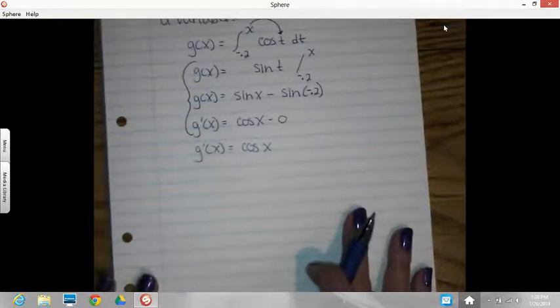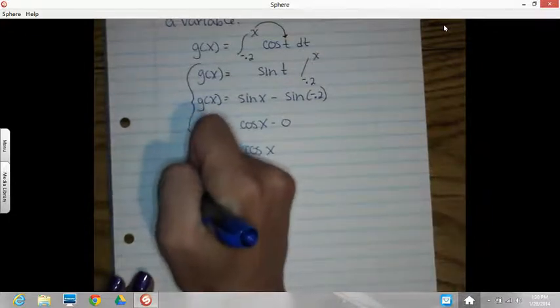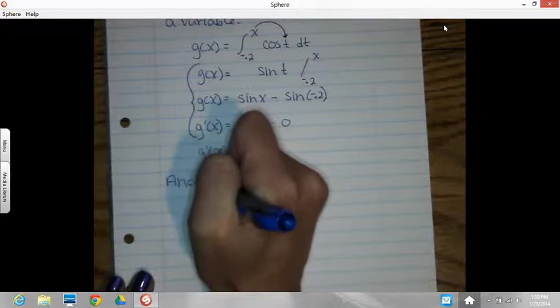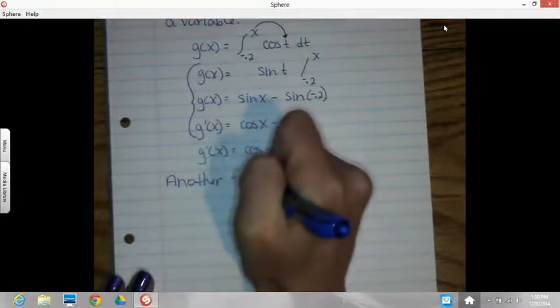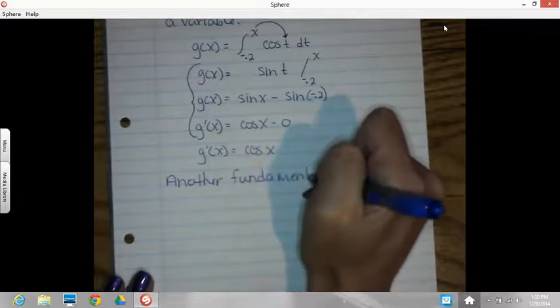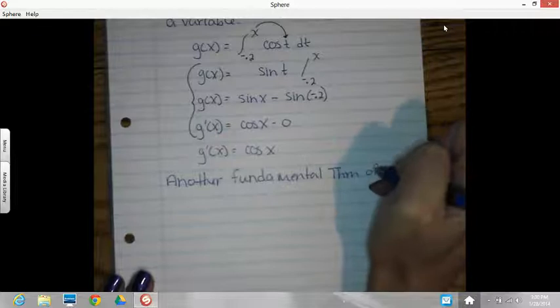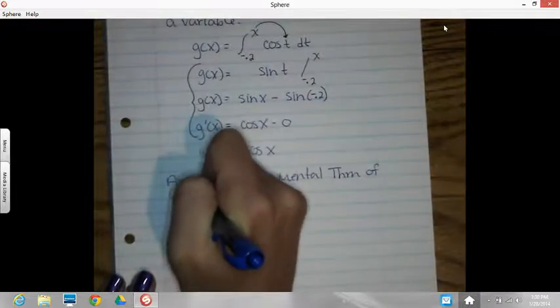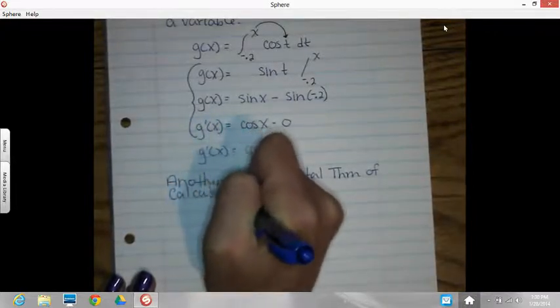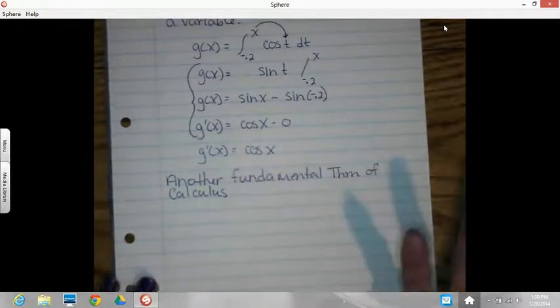So this is called another fundamental theorem of calculus. Remember, the fundamental theorem let us plug the boundaries in and subtract. Let us find the definite integral.